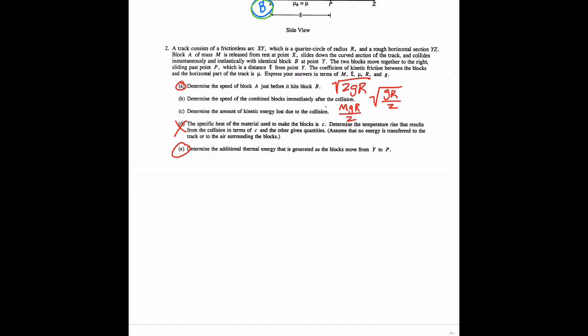So thermal energy generated is equal to work done by friction, and work is the product of force and displacement. So a force of friction is coefficient of friction times normal force, and then we've got a distance d. Actually, if we look at it carefully, they're calling it L instead of d. If we were to make a free body diagram for the two blocks as they're moving from point Y to point P, there's a normal force pointing up and a gravity vector pointing down.